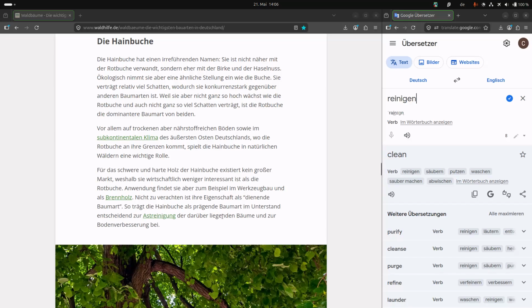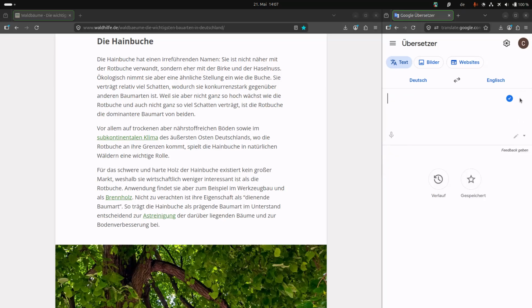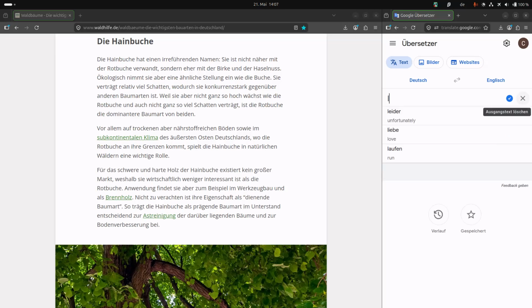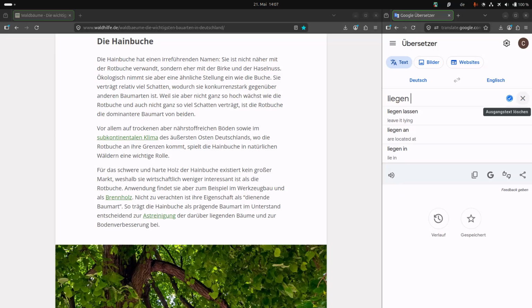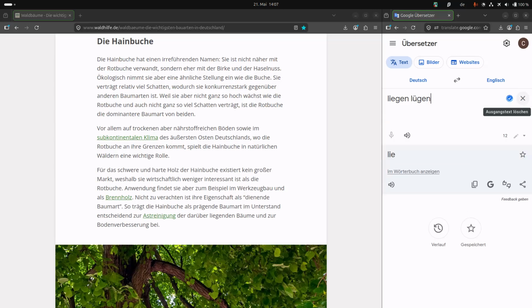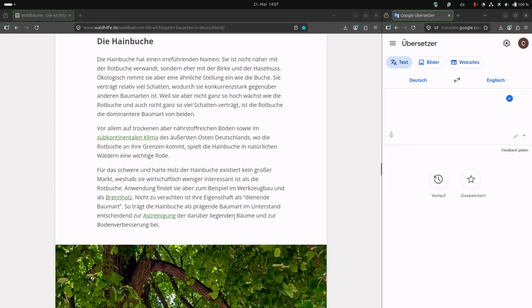But here we don't have that problem because liegen and lügen, which would mean the other lie, are not the same, whereas in English it's lie and lie. So, and darüber liegenden Bäume, above lying trees, and zur, to the Bodenverbesserung.